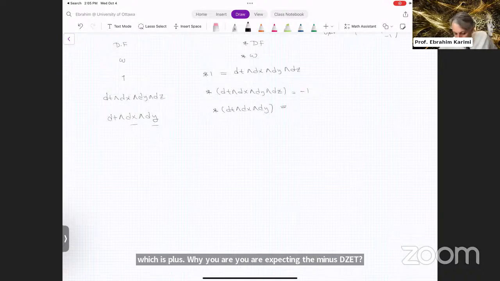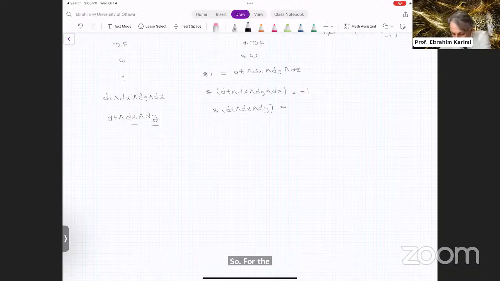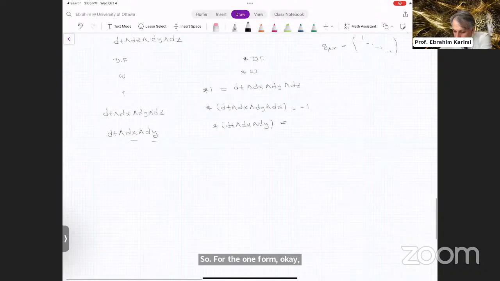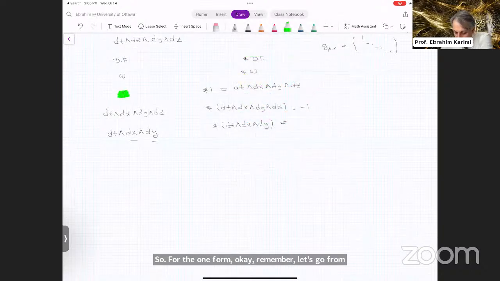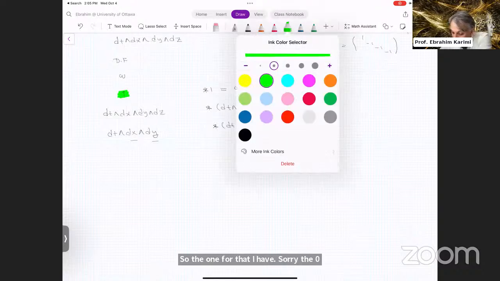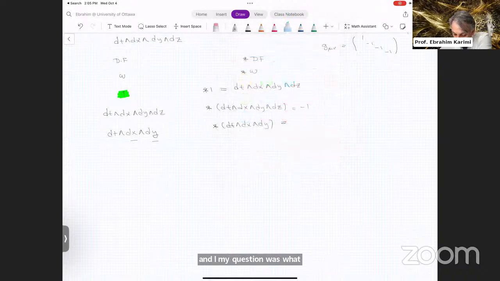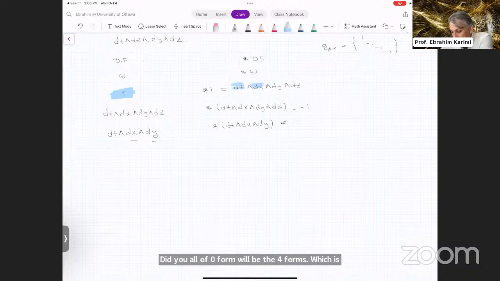Let me repeat. The 0 form that I had, and my question was, what is happening with the dual of this, the dual of the 0 form? The dual of the 0 form will be the 4 form, which is dt, dx, dy, dz.